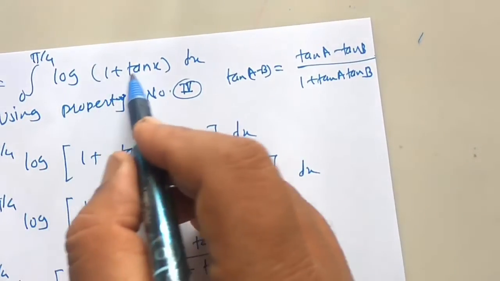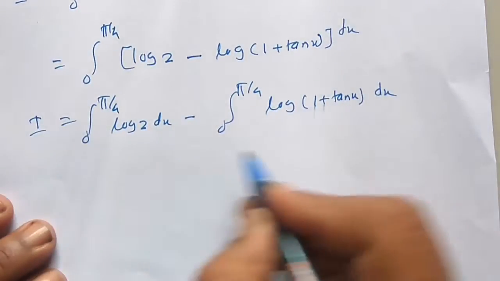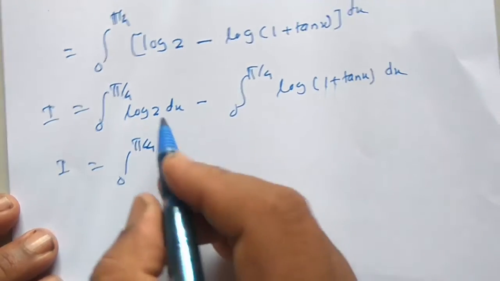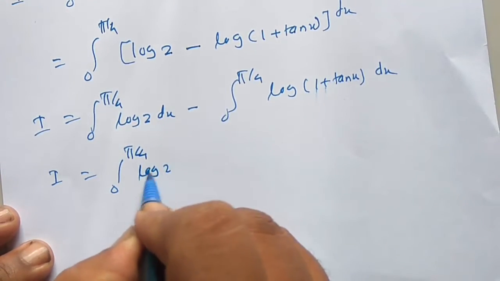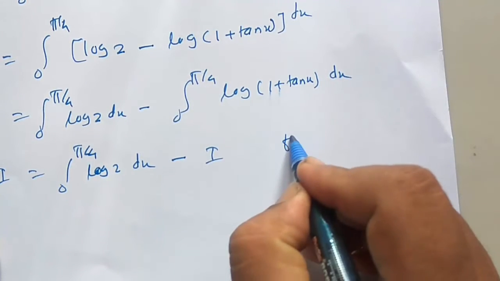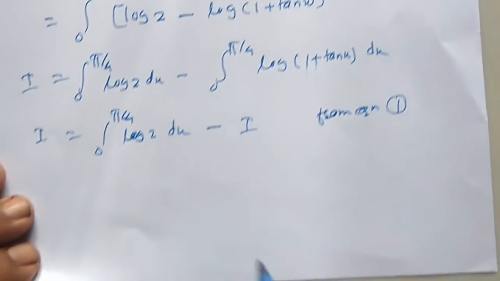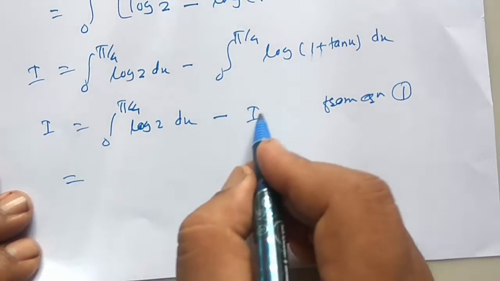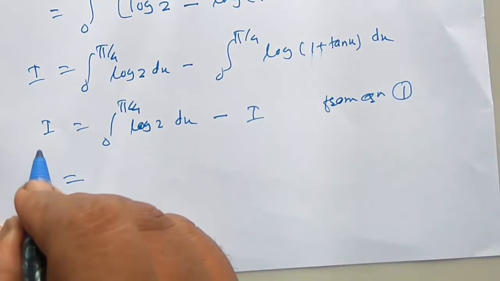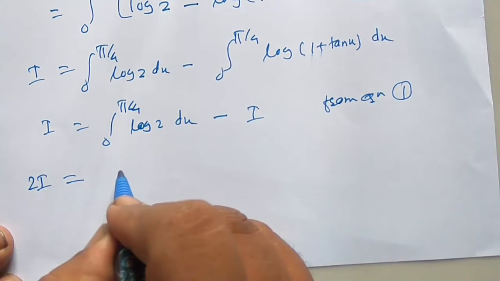0 to pi by 4 integration log of 1 plus tan x is equal to I from equation 1. So I is equal to 0 to pi by 4 log of 2 dx minus I from equation 1, and therefore this is equal to I. Taking to the left hand side, it becomes I plus I, that is 2I.